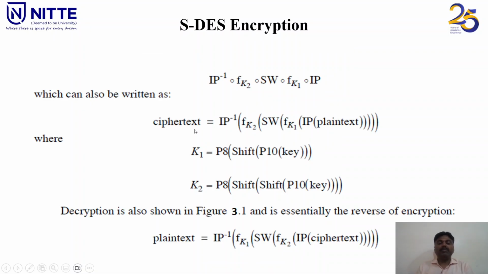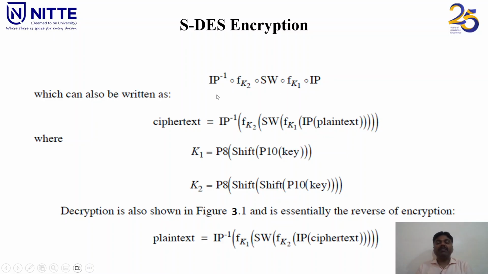So this is the encryption process, how basically we'll be performing it. From the initial permutation, I'll be passing into the function f with the k1 value. The output of that function, I'll be swapping. After swapping, the values will be given as an input to fk with the sub key k2, and the output of that I'll get into the inverse initial permutation.